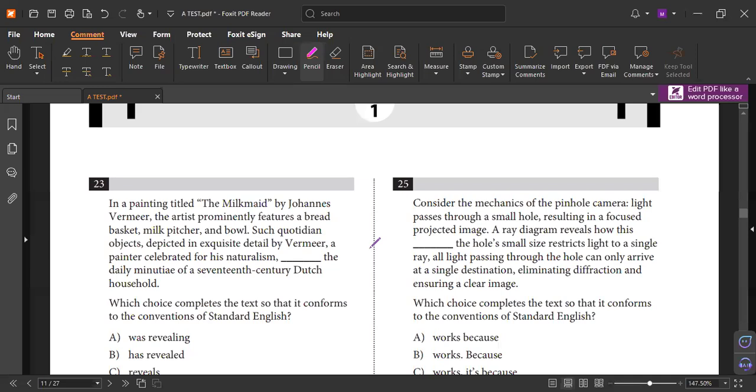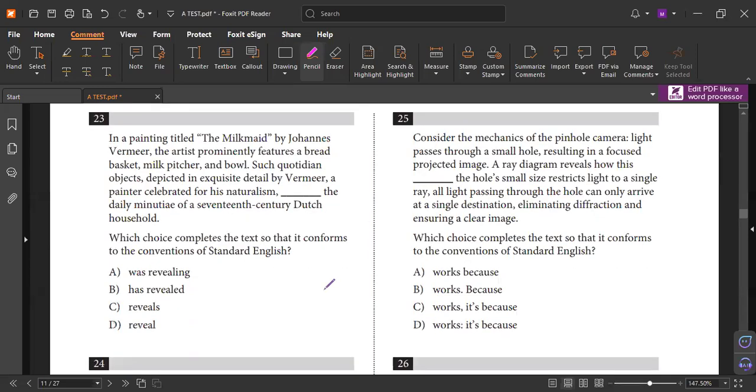Again, look at the answers. We find the verb, so find the subject. So I'm going to read only the sentence again and again from full stop to full stop. So you should not read this part if you need my advice. So such quotidian objects. What are they? Non-essential information. You see, non-essential information.